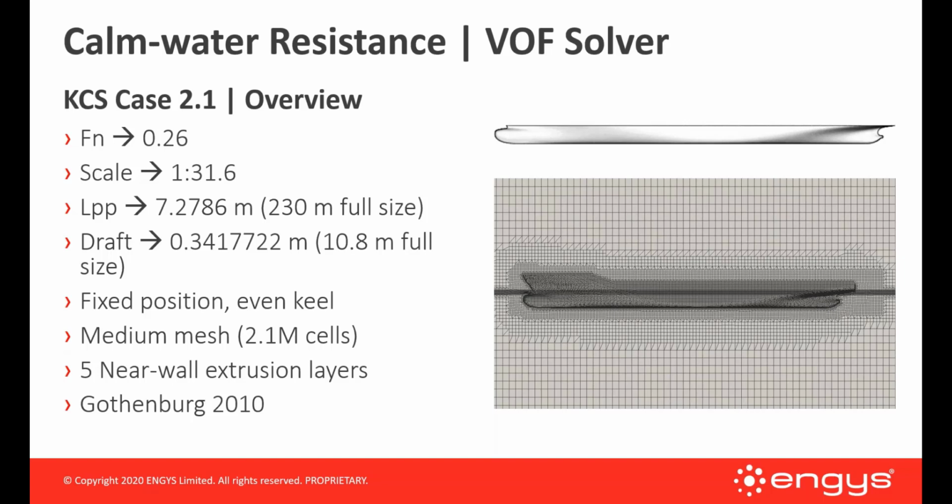And this is again the Gothenburg 2010 workshop. We have a fixed speed, 0.26 scale model, fixed position and even keel, and the mesh is basically 2.1 million cells for this particular case, including near wall extrusion layers.